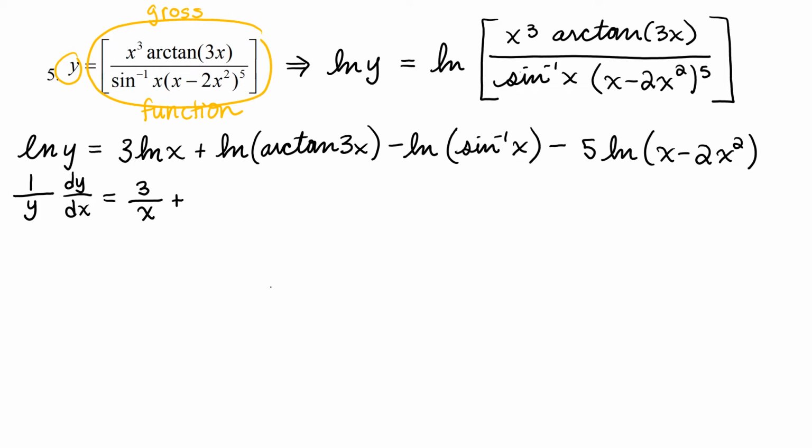Plus, now we have the derivative of the natural log of arctan of 3x, so that'll be 3 layers of chain rule, where outside of natural log, our next layer is arctan, and inside of that we have a 3x.